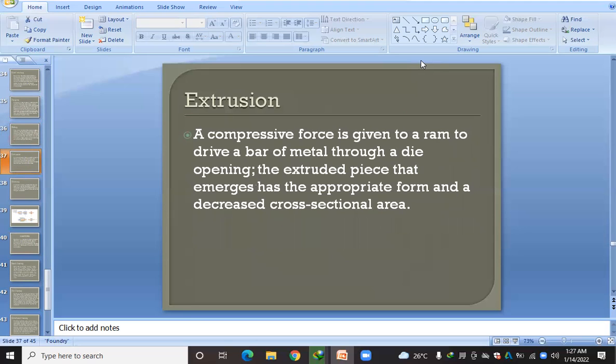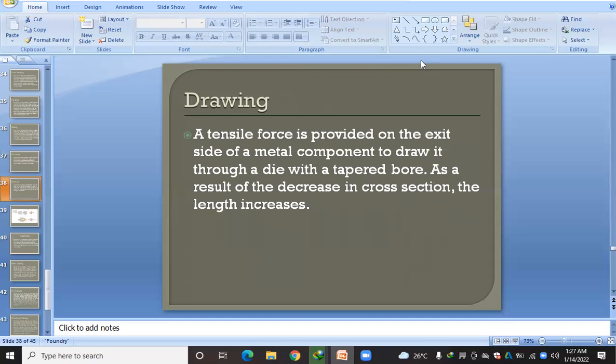A compressive force is given to a ram to drive a bar of metal through a die opening. The extruded piece that emerges has the appropriate form and a decreased cross-sectional area. And next is hand drawing.